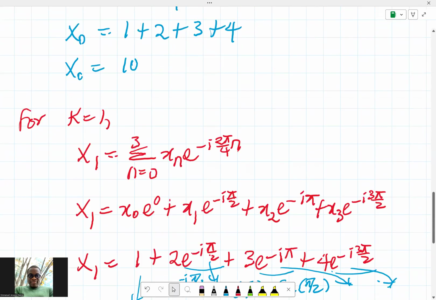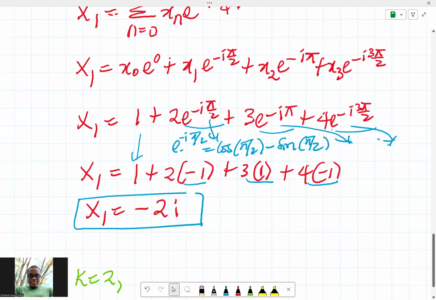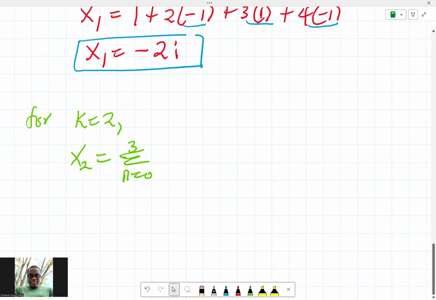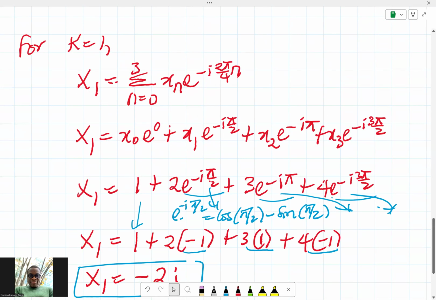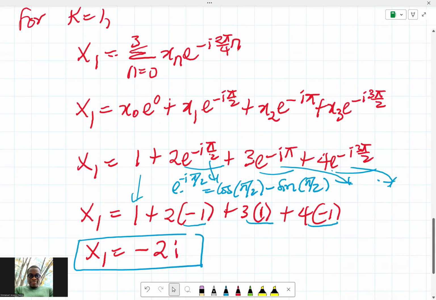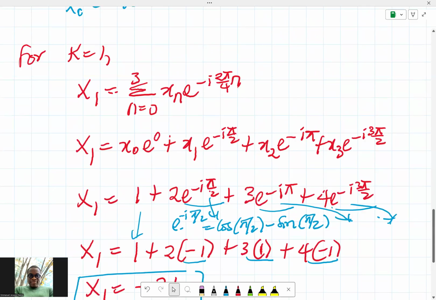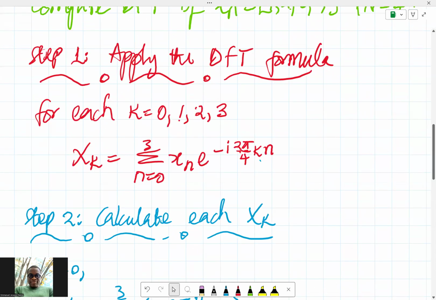from n equals 0 to 3 of xn, e raised power, now the original expression, k is 2, so that's pi over 2 times 3n.